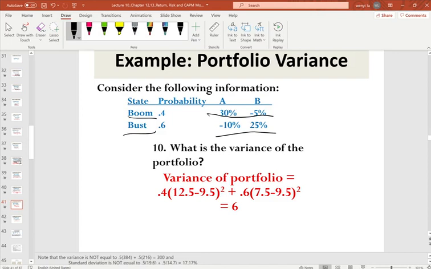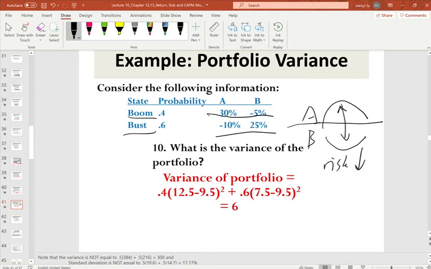So we cannot add the risk directly, because when we put these two stocks into a portfolio, A will move, for example, this way, and B will move in the opposite direction. So if they are put together, they can hedge each other, and their risk should be reduced in a portfolio.